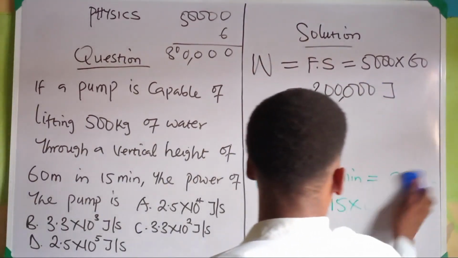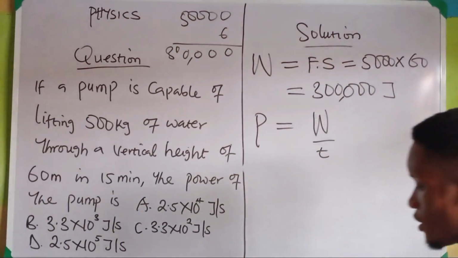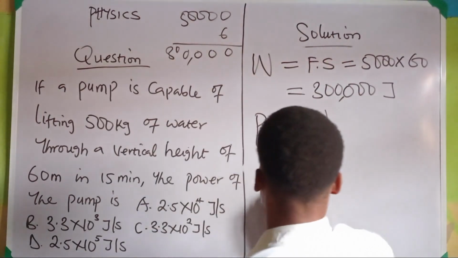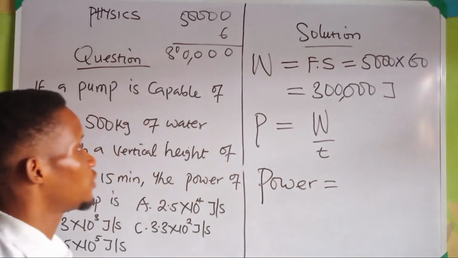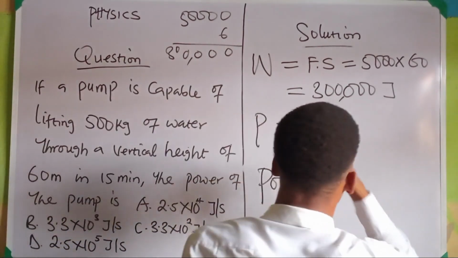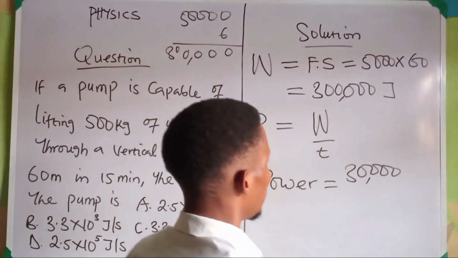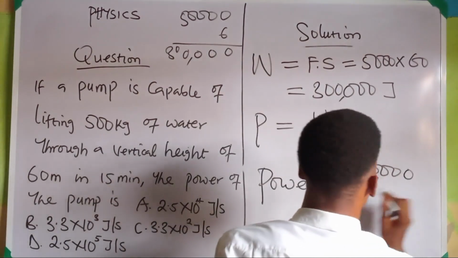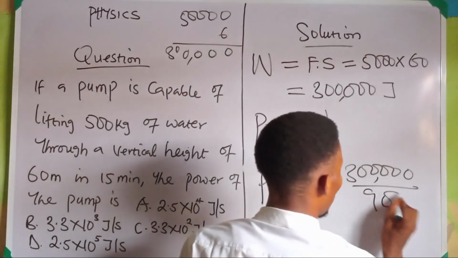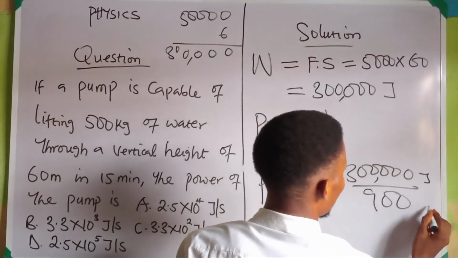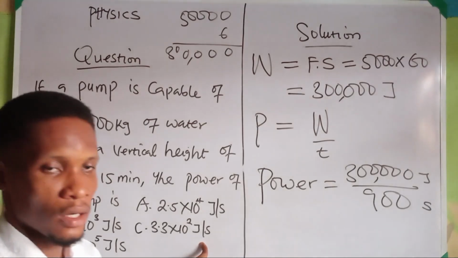If you substitute the values of the above, you will get something like this: the power expended by the pump to lift the load is work done, which is 300,000 joules, all divided by the time, which is 900 seconds. This is in joules, this is in seconds. And now you know it aligns with the options that are given here.